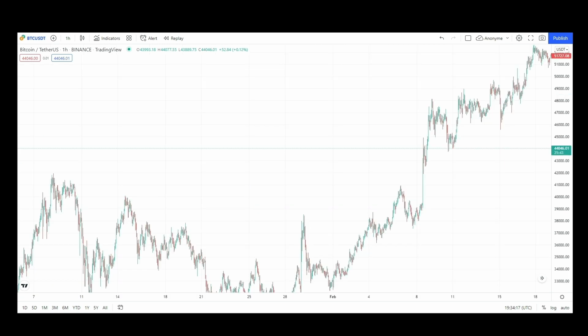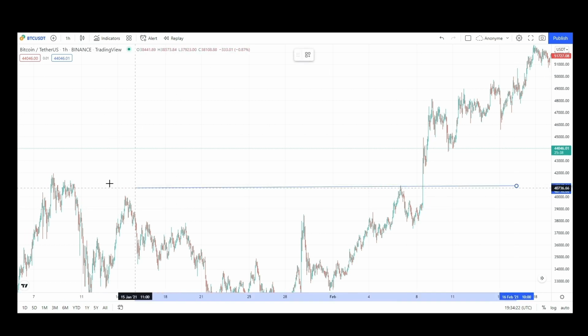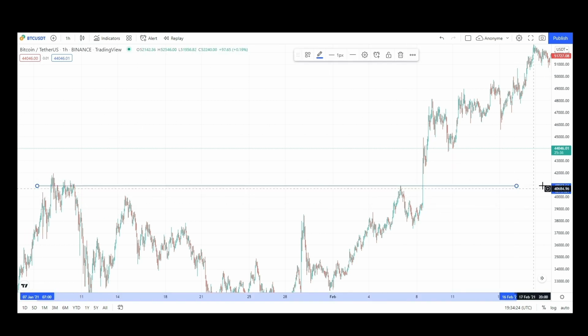But there is something you need to keep in mind. Sometimes the investors' expectation will change with time. For example, in this case of Bitcoin, the resistance level was at around $40,000. And note how when prices rose above the resistance level, they did so decisively, and the breakout above the resistance level was accompanied by a significant increase in volume.